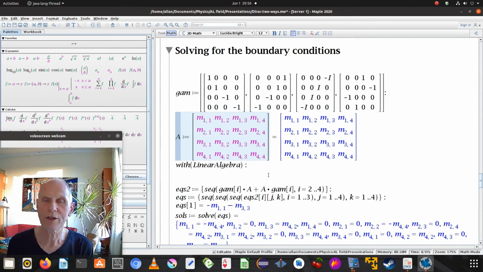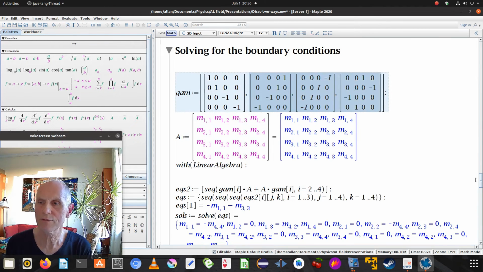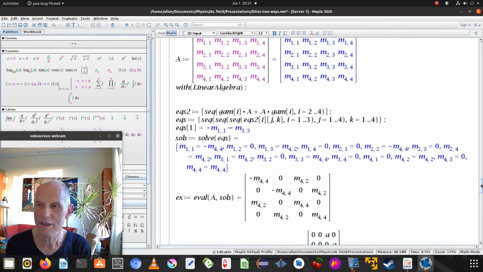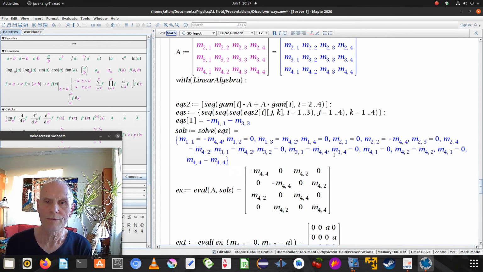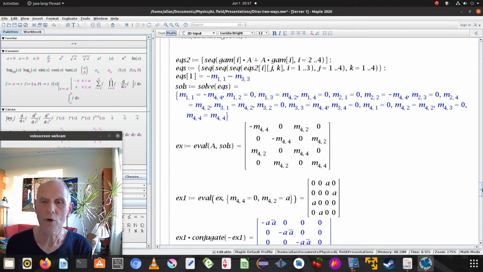So let's see if we can find a unitary matrix A which anticommutes with the spatial gamma matrices. That's these three guys. And we solve the equations, and it turns out that it's diagonal, or there are some guys here, or both.